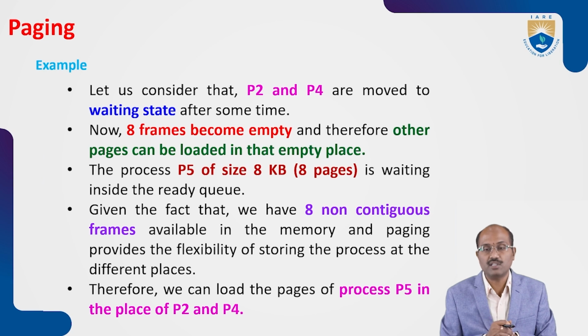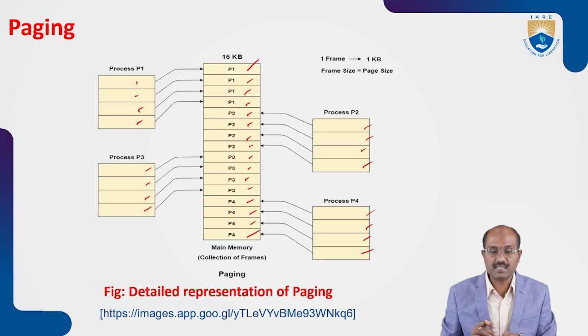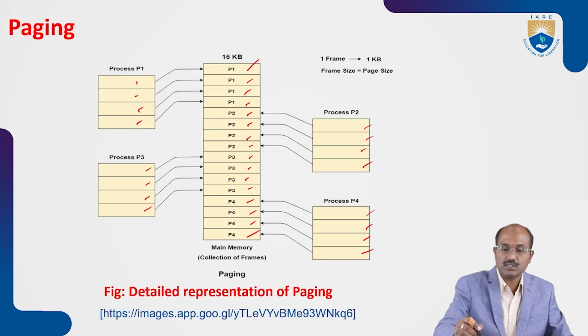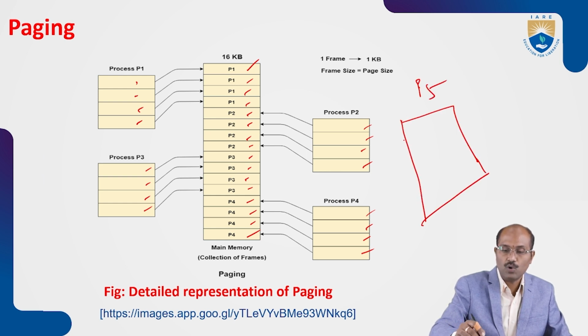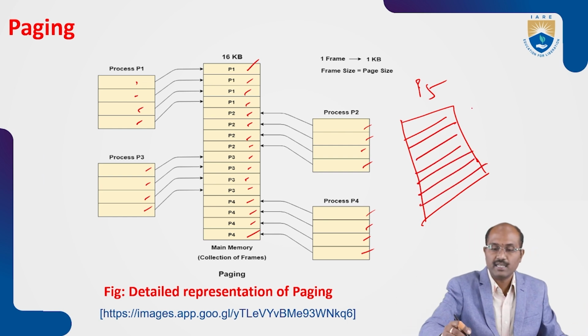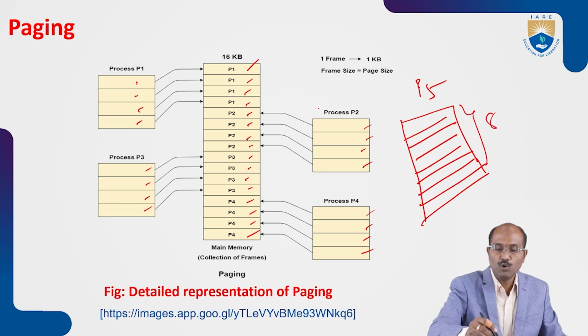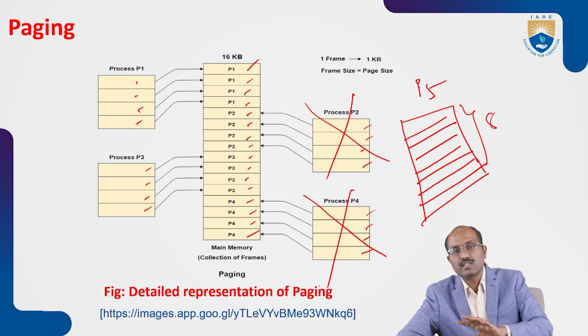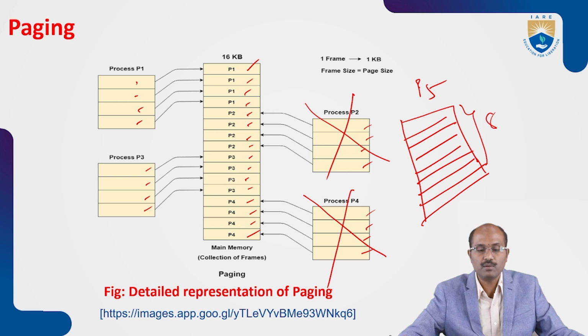This is one example. In the previous slide, there is one more process, P5, whose size is 8: 1, 2, 3, 4, 5, 6, 7, 8, totally 8. Now P2 is removed and P4 is removed, and we can store process P5 there.